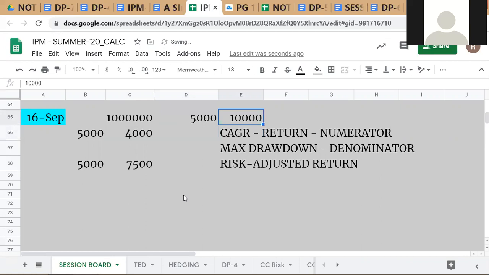In this case, your CAGR is going to be computed as the terminal wealth relative, which is 1 million plus 5,000, divided by 1 million, minus 1. So your return is 0.5%, which is 5,000 return on this.